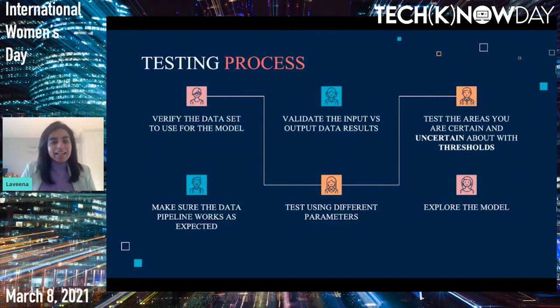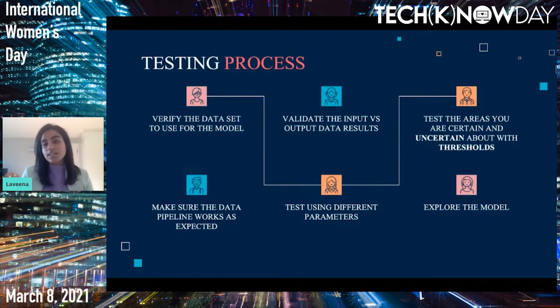So here is the testing process that I follow. Verify the data set to use for your model. So check the input data and also versus your output data results. Check the shape of your data. So testing the outputs will explain if the values are of the right type and the data columns are matching or not.